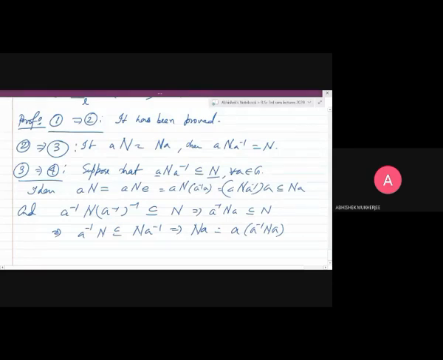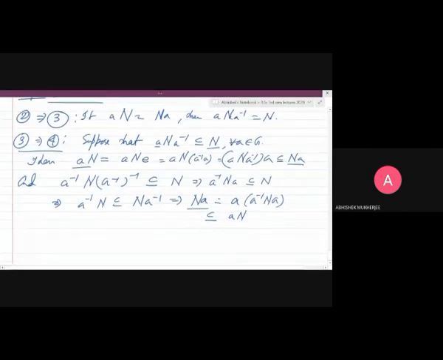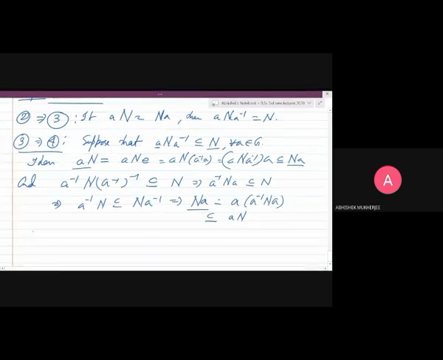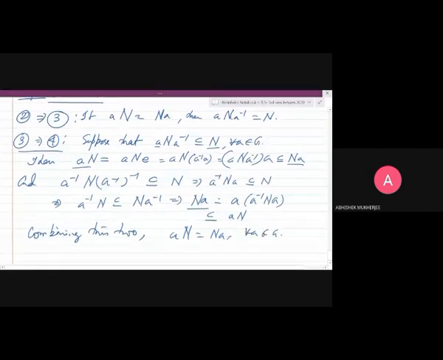So a inverse N a is a subset of N, so that means it is a subset of aN. In the previous case, it is aN subset of Na, and in the second case, it is Na subset of aN. Combining these two, you have that aN equals Na for all a belongs to G. Every right coset is a left coset.